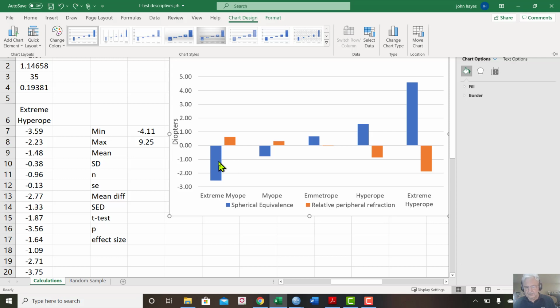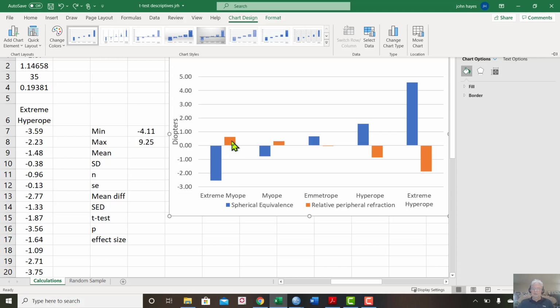So notice extreme myopes, they have this nice pattern of heading upwards. And what do the relative peripheral refractions do? If you're myopic, extreme myopic, you have a bit of a hyperopic relative peripheral refraction.